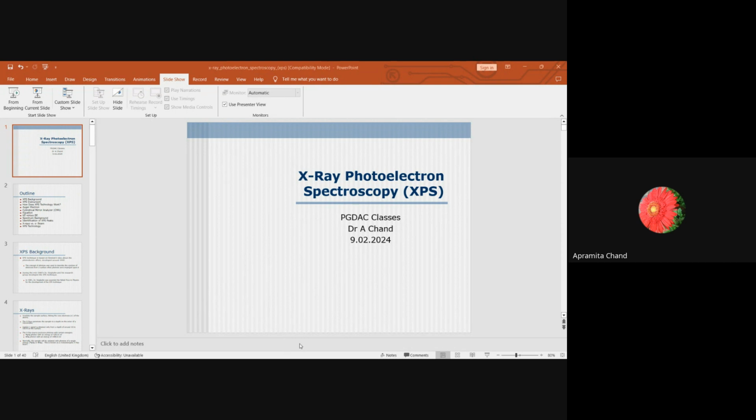Some of them get ejected without any problem, but here the topmost layer is also there and the innermost layer is also there. So while coming up, they can collide with the electrons. The paths can coincide. So when these things are happening, the electrons will be of lower energy, and they will not give the characteristic kinetic energy that is expected. So these kind of collisions will contribute to the noise signal of the spectrum.